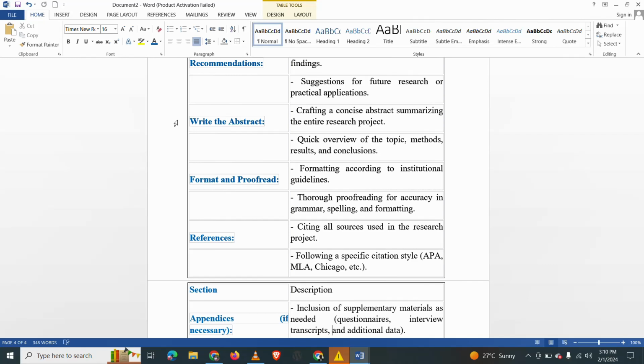That is the intention of writing the abstract, offering a quick overview of the topic, methods, results, and conclusion, such that if a person was to look at the overview of the project from the abstract, they can be able to tell what you are doing, the methods you're using, the results, the conclusions, or what your objectives are. You can be able to derive that from the abstract.